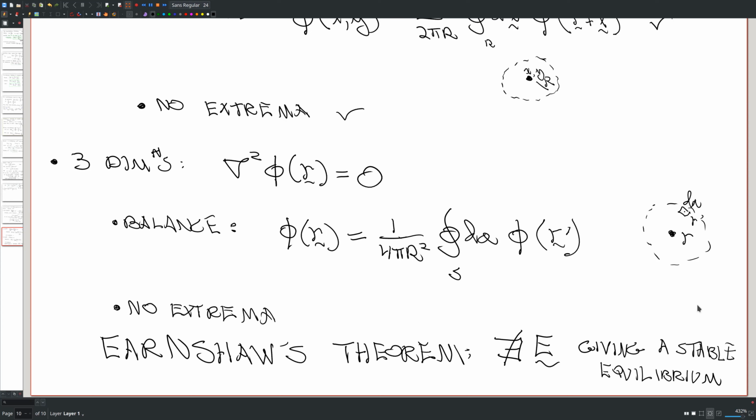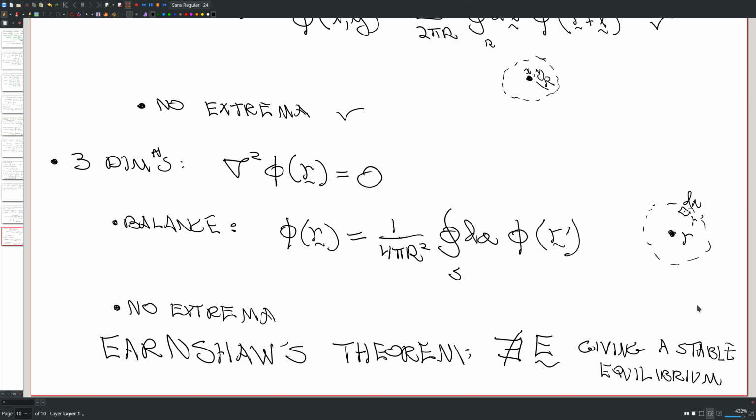Well, it's equivalent, because we're talking about solutions to the Laplace equation, therefore we're looking at phi, but of course the physical consequence is through the electric field. And the fact that the potential itself does not have an extremum means that essentially everywhere in space there's going to be a direction of the field that takes you away from that point.